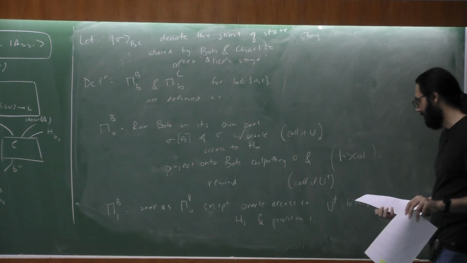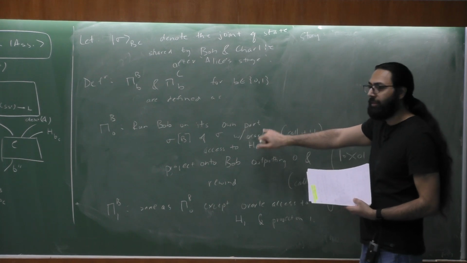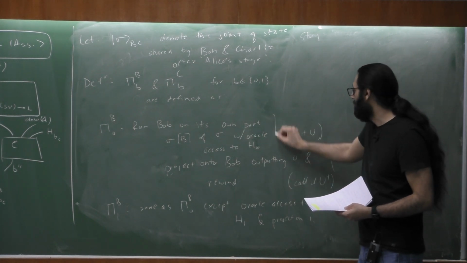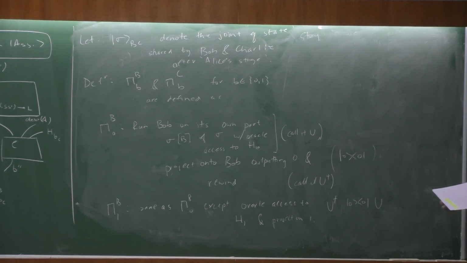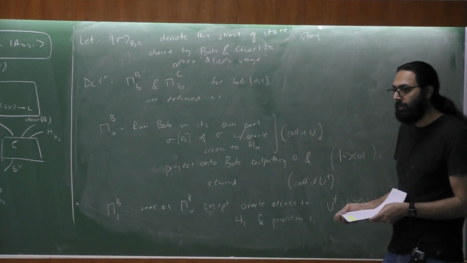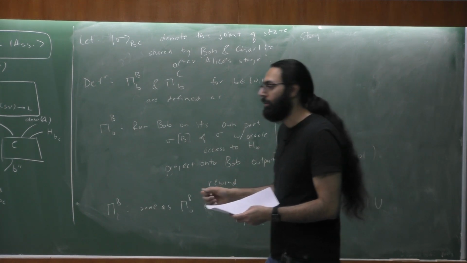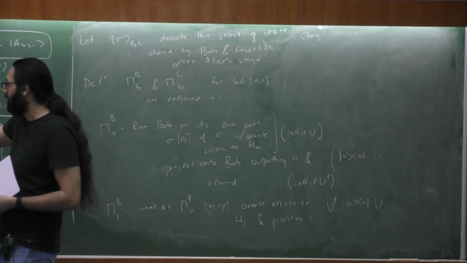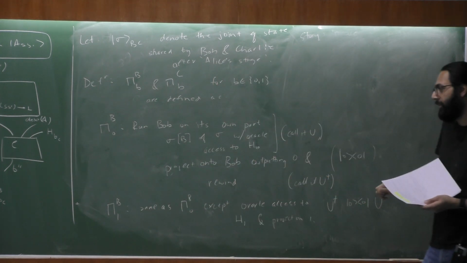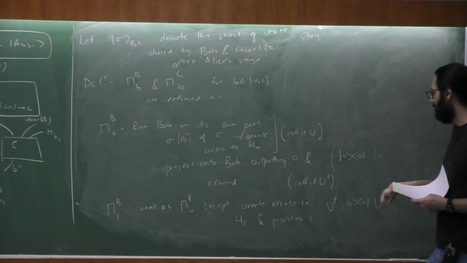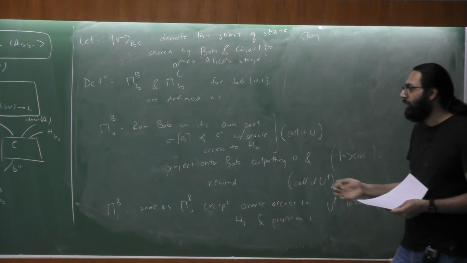Yeah, so basically Bob's part is this part. U is unitary, yeah. It's just what Bob does. It's the adversary B, right? The adversary B is applying some operation, so you run the operation, whatever Bob does.